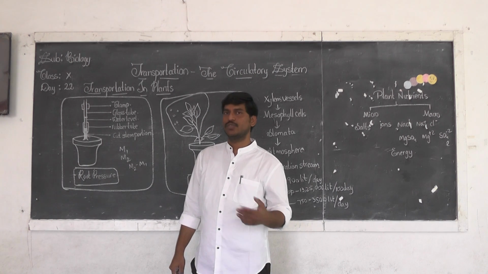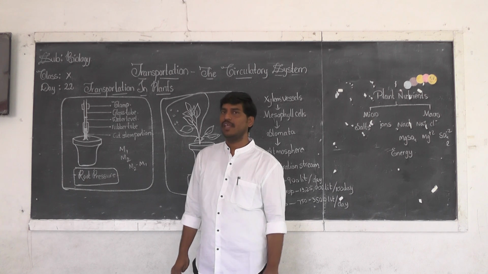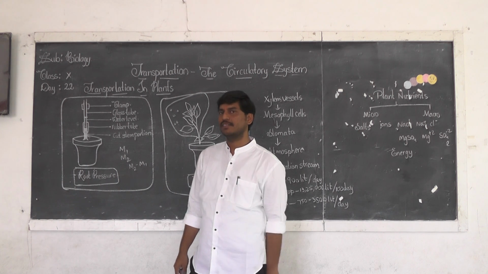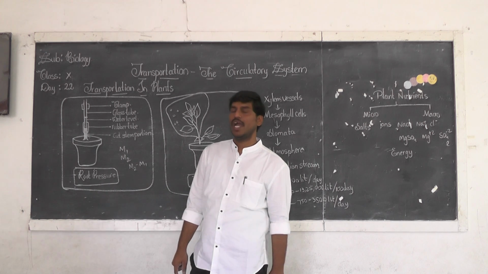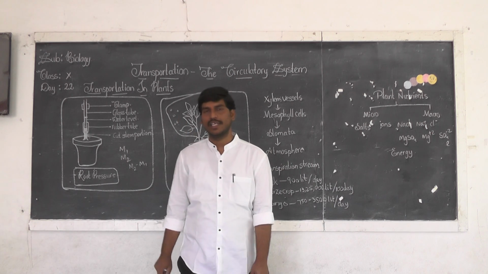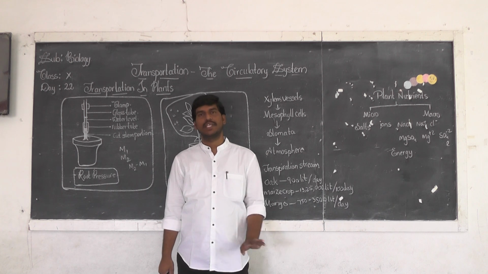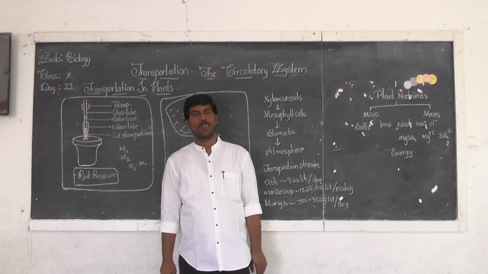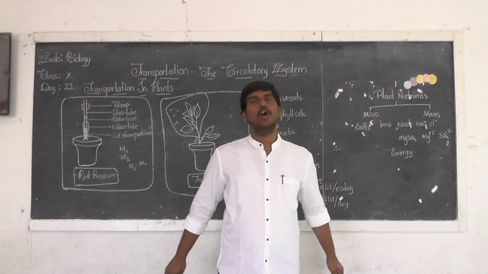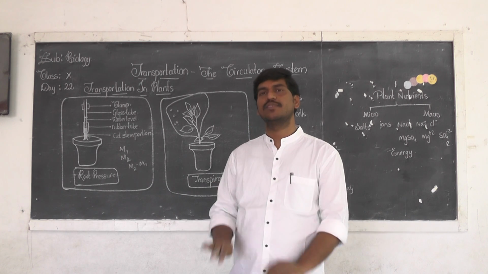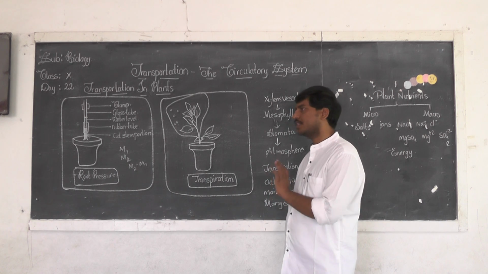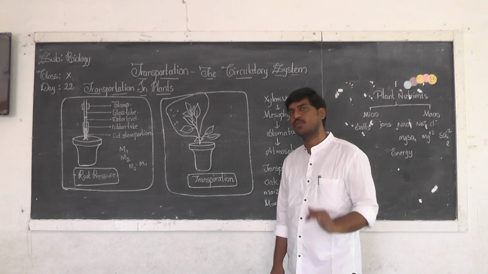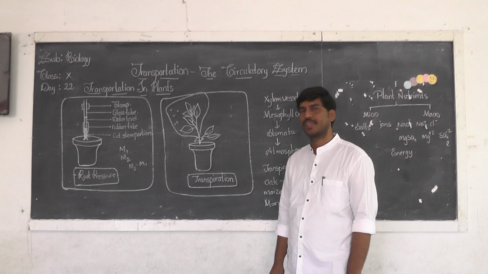After 2 to 3 hours, what do we find? The level of water has increased, and we note that increased level as M2. The difference in the increase in the water level is because of the root pressure. In the case of small plants, whether shrubs or herbs, this root pressure is more than enough to transport water to the aerial portions.